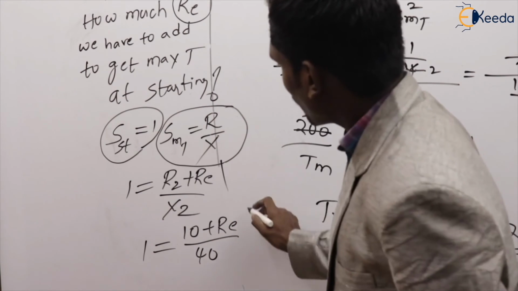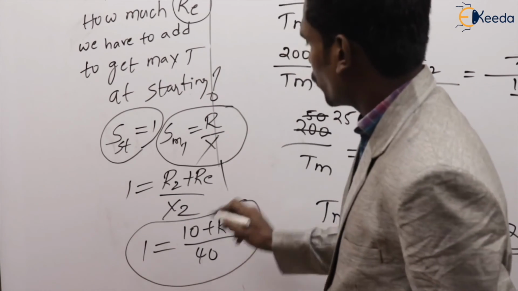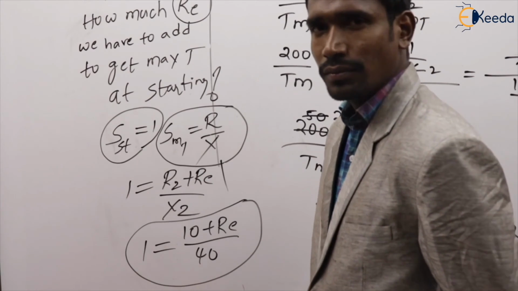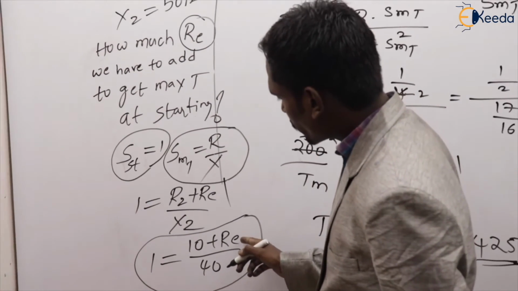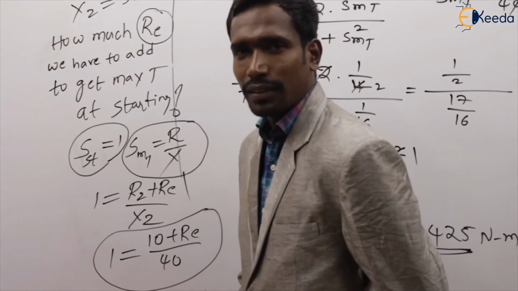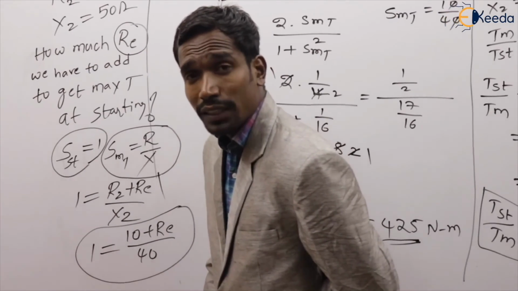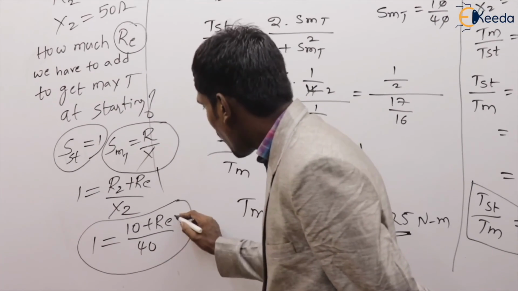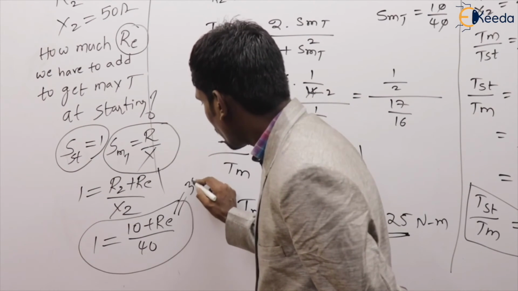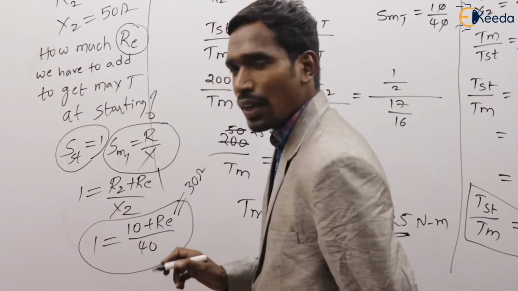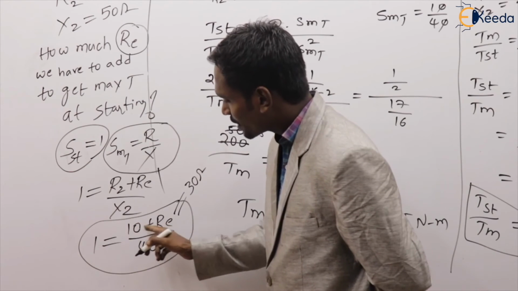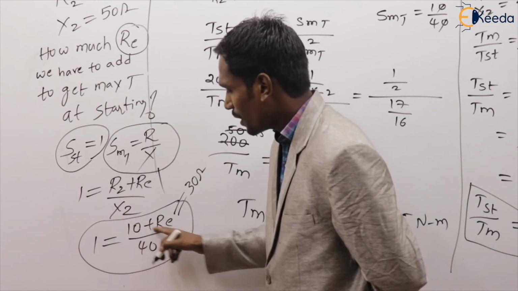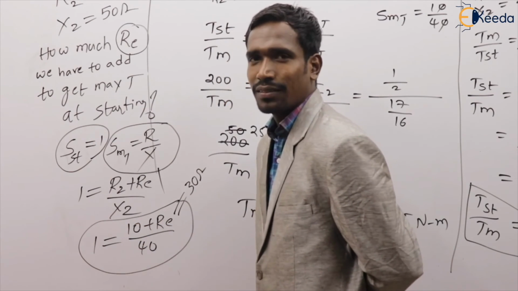What RE do we have to substitute to get 1? This RE should be equal to 30 ohms. If RE is 30 ohms, 10 plus 30 is 40, which cancels to give 1.